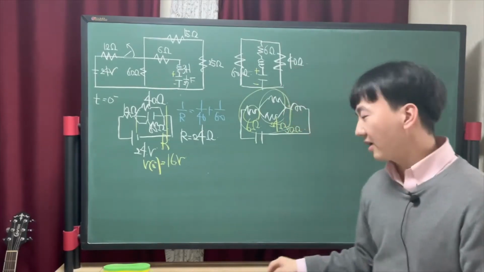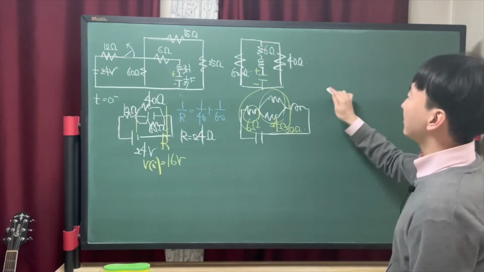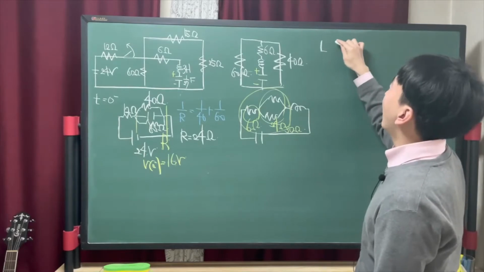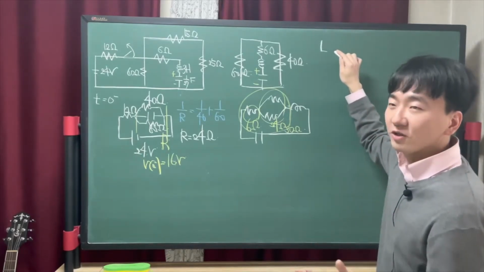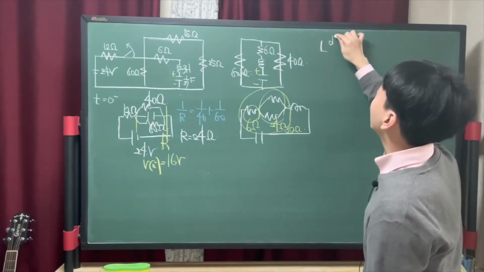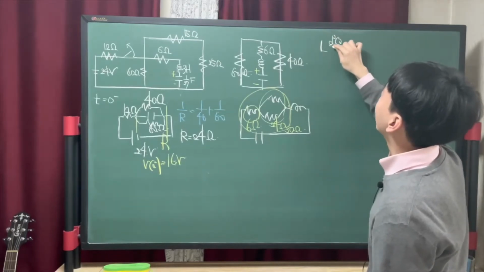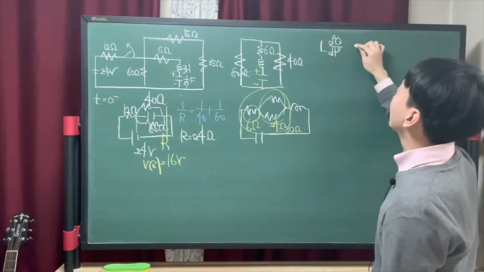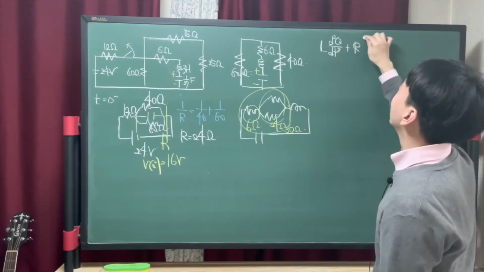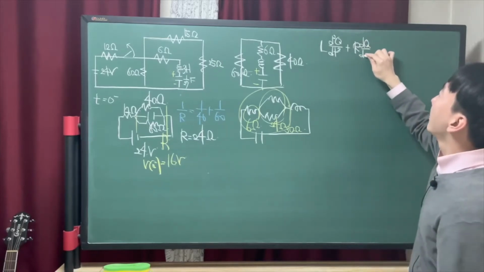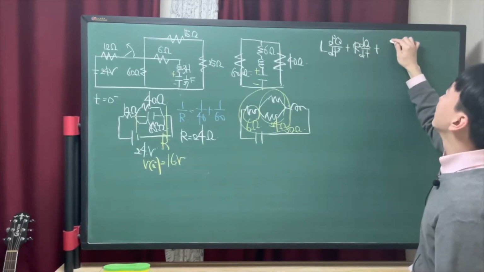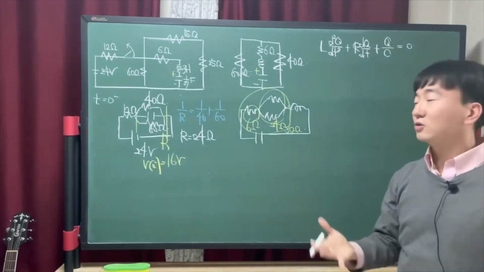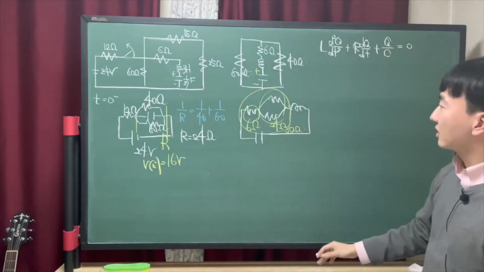We know that in an RLC circuit the voltage is L di/dt, the rate of change of current, but the current is the derivative of charge, so R dq/dt, plus Q over C. Now there is no other external source, so this is the case.